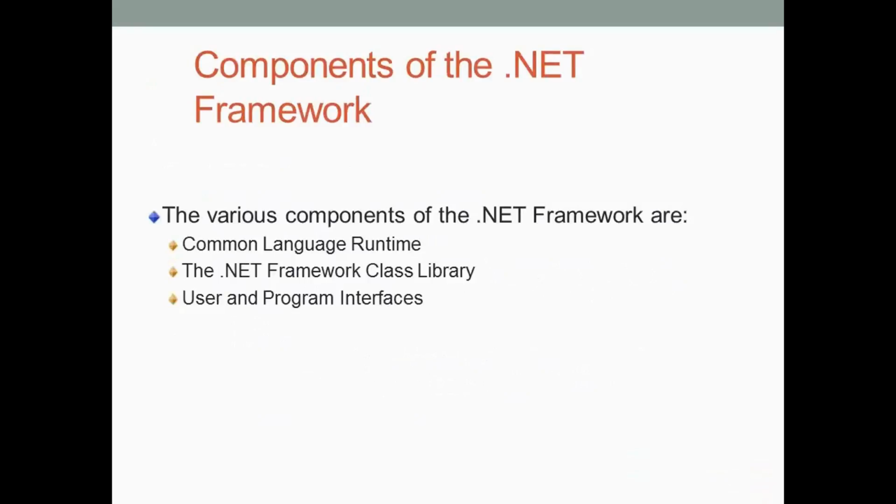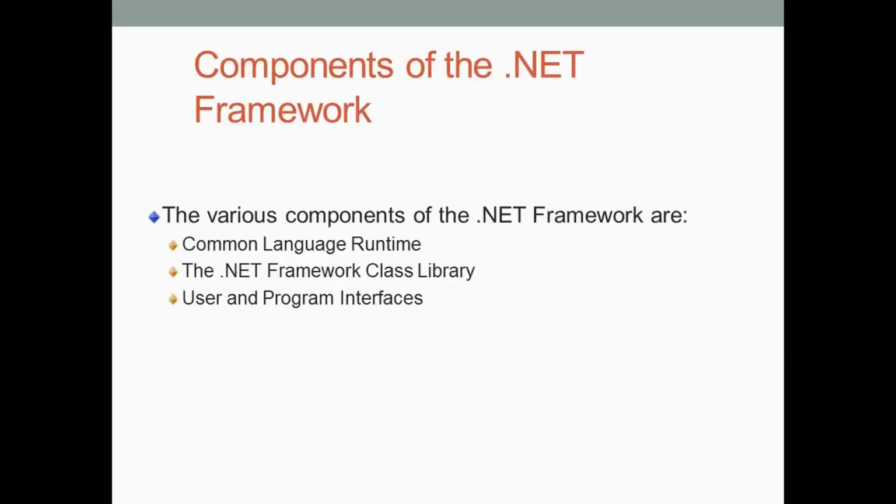So if we talk about CLS, the common language specification, the basic purpose is this. Let us put it in simple words: the specifications which are common in all .NET compatible languages are known as common language specifications. There are multiple languages which we can use with the .NET Framework.